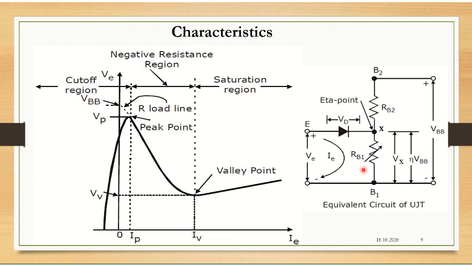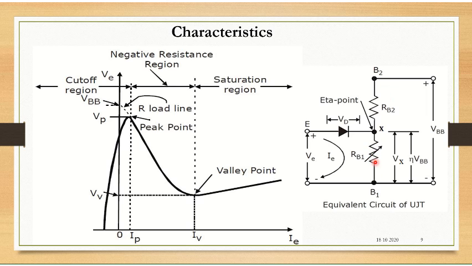Okay, I'll repeat. The highly doped P region, when you are increasing the potential, say when VE is almost equal to VP, then the diode will be forward biased, right? The holes, that is charge carriers, are injected into the RB1 region.